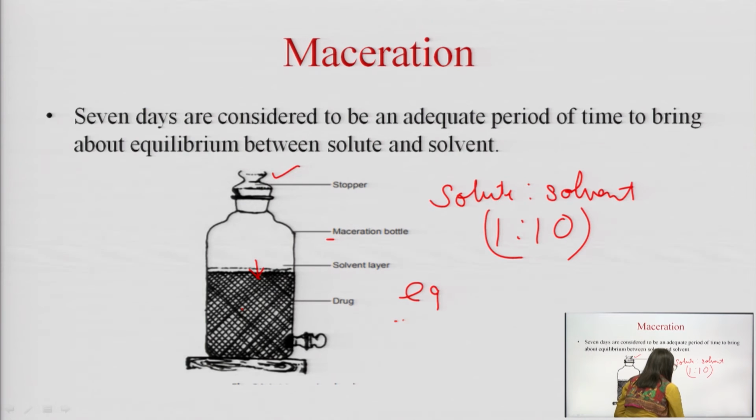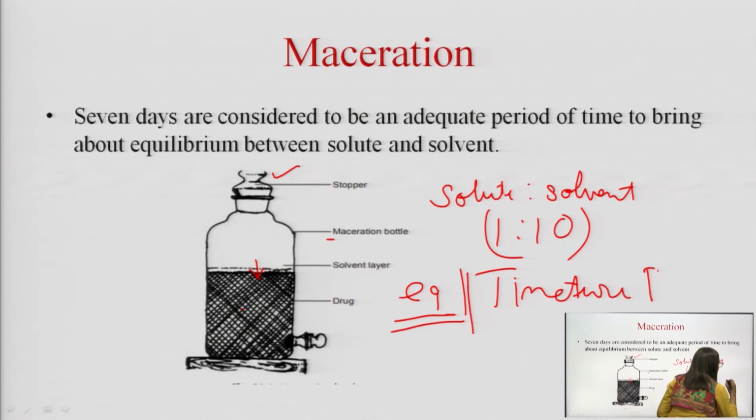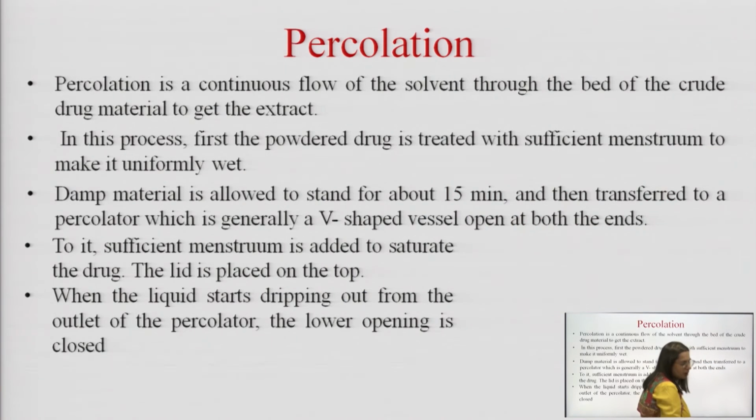Examples of very well known macerating extracts are the tincture of tolu balsam or Peru balsam, the tincture of myrrh and other resinous oleoresins. This is one of the most preferred methods for extraction of organized drugs.